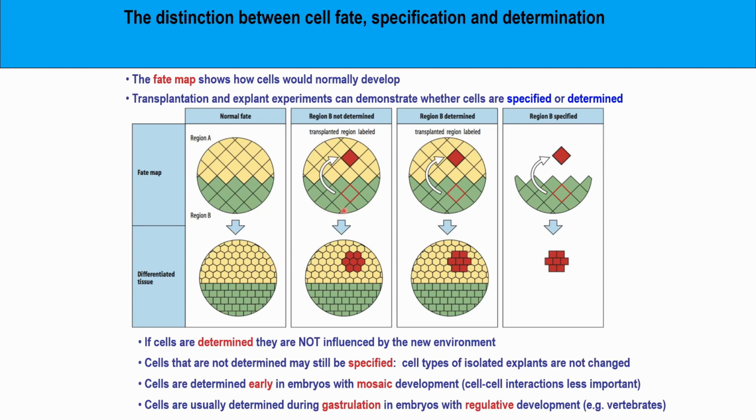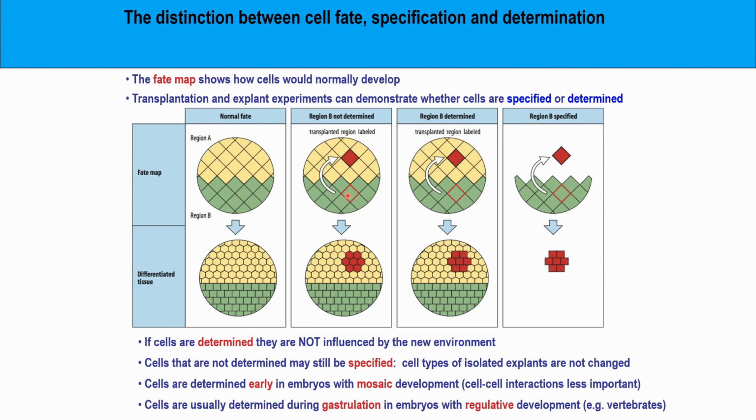So what they could do was take a cell from region B in the green and transplant it into the region A yellow cells, and they indicate this transplant by turning the cell red instead of keeping it green. In some cases this cell would then differentiate alongside the region A cells. So in this case, it was not determined.